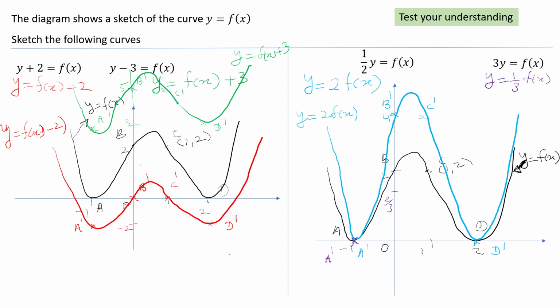Then point C also here. So this is C dash. This is B dash. Point D still remains the same, so the y coordinate is 0. So D dash is the same.